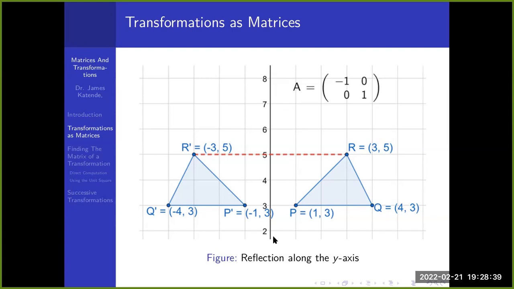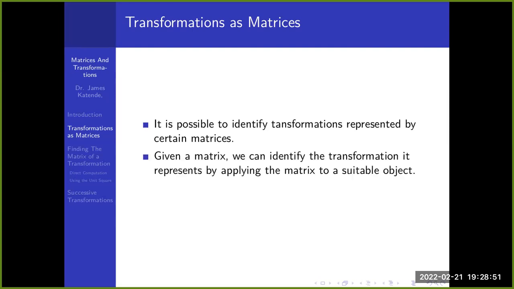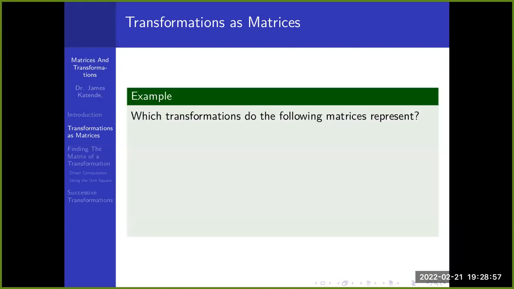So anytime you're given a transformation, you may want to figure out if you can represent it with a matrix. If you start from the matrix, we can try to identify the transformation by applying it to some object, and we do this using an example.